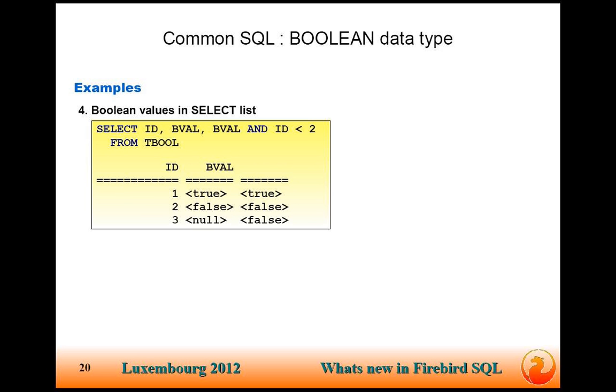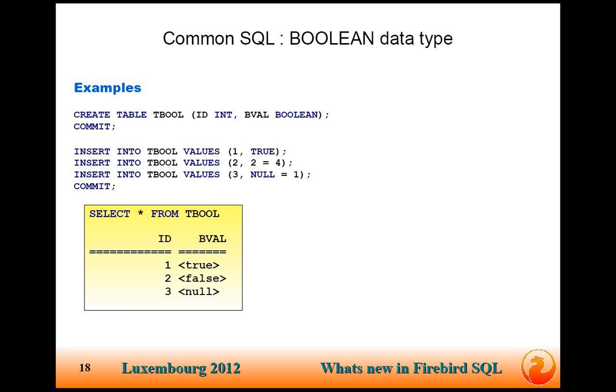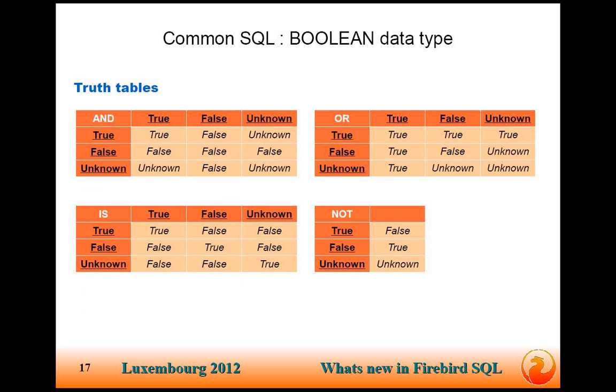Unknown value is the result of some Boolean operations, as the truth tables show you. Any comparison with null, for example, is a Boolean expression with the result of unknown. But this unknown exists only until we produce the rows.